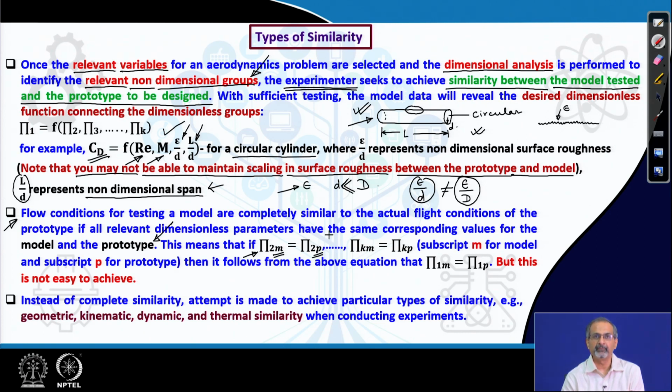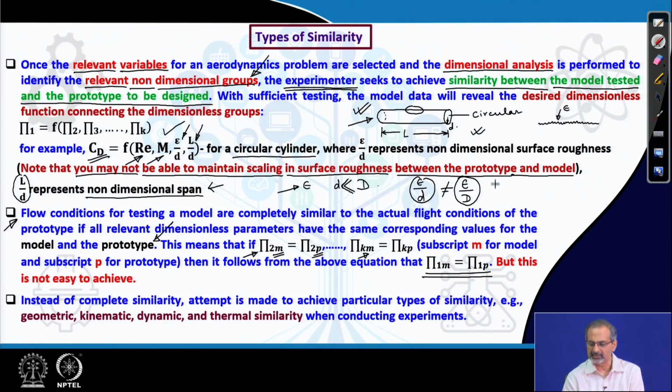Similarly, pi 3 m is equal to pi 3 p, etc., up to pi k m equal to pi k p. If that happens, then it follows from the above equation that pi 1 m will be exactly equal to pi 1 p, but this is not easy to achieve.